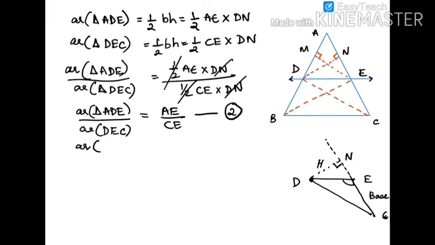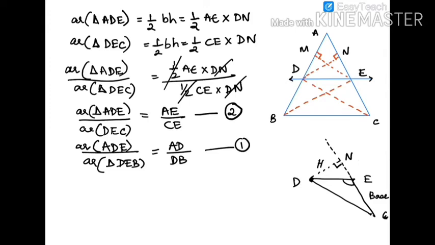The result that we have marked as 1 was area of triangle ADE divided by area of triangle DEB is equal to AD upon DB. Now compare the results of step 1 and step 2. Look at the left hand side, numerator. The numerators are area of same triangle, triangle ADE.